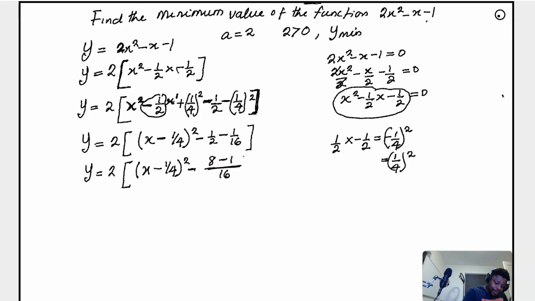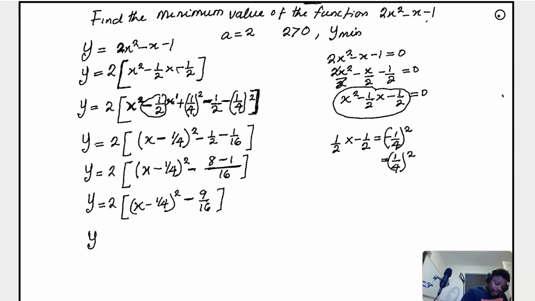This is 1. Okay? So y is 2, this is x minus 1 over 4 squared. Okay? So here, I have minus 8 minus 1. That is minus 9 over 16.